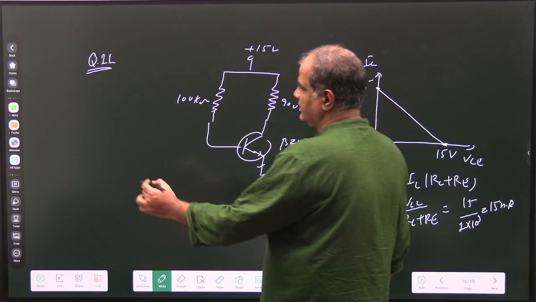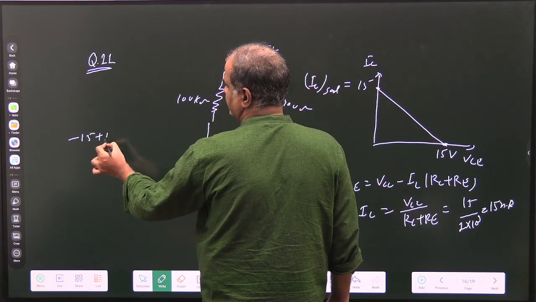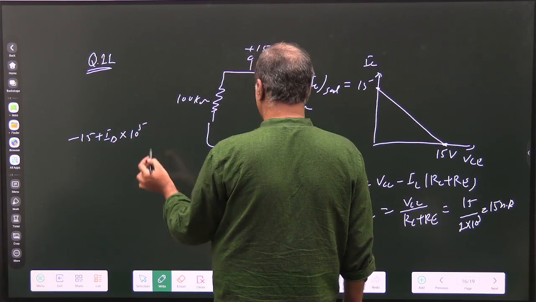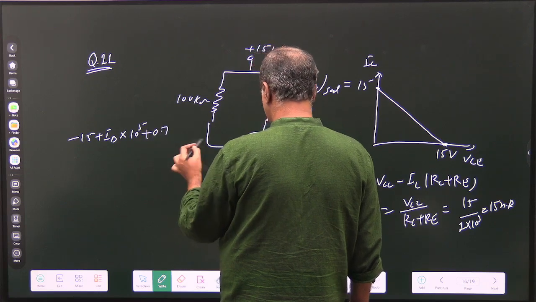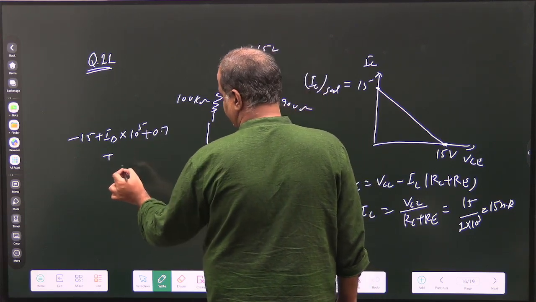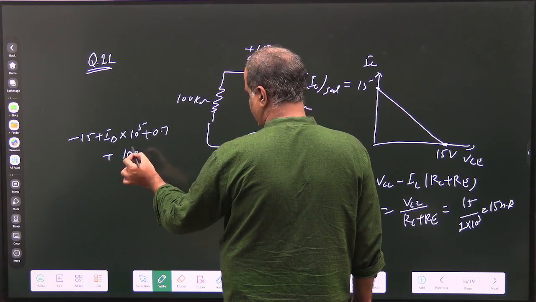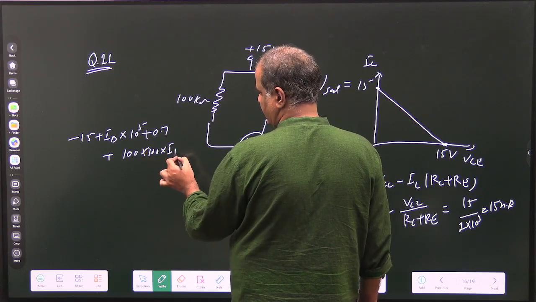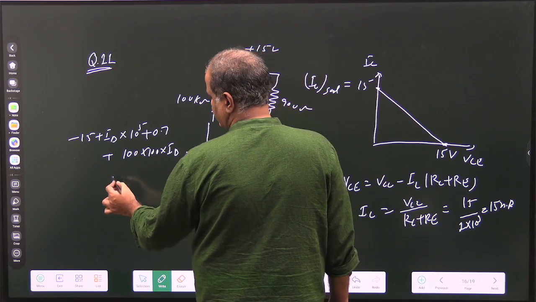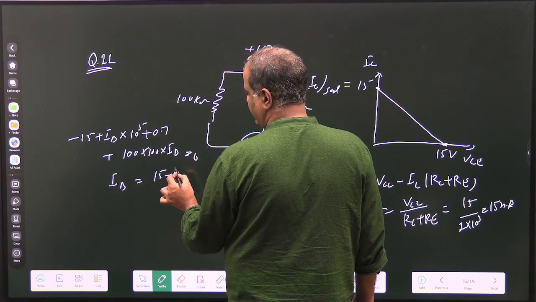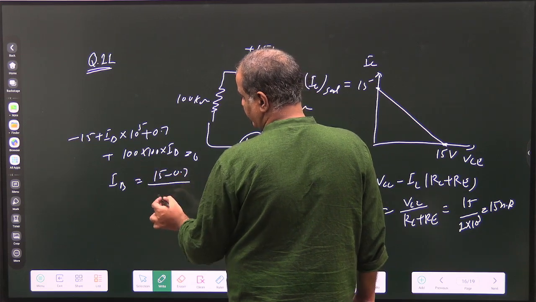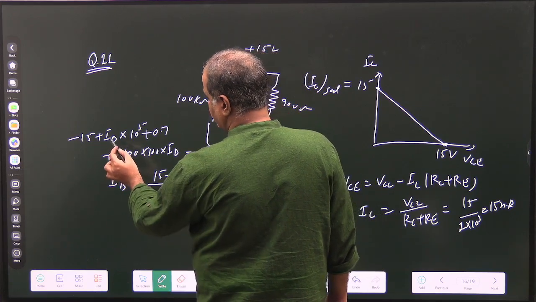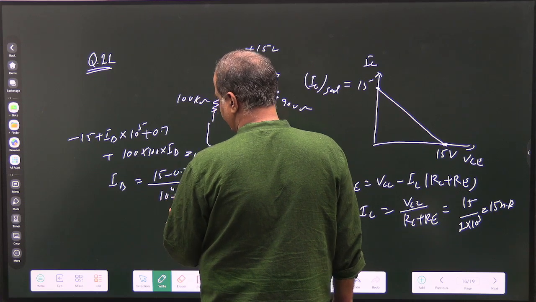So minus 15 plus IB into RB, 10 raised to power 5, plus 0.7 and then beta plus 1, I'll take 100 only, beta RE into 100, into IB equals 0. So IB will be 15 minus 0.7 divided by 10 raised to power 4 plus 10 raised to power 5.